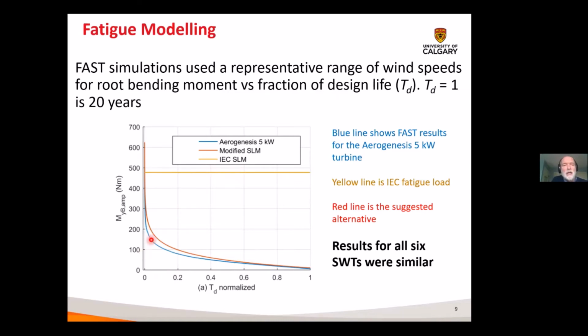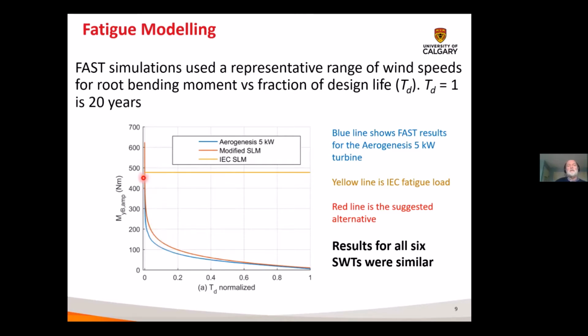From the FAST simulations, in blue for the 5 kilowatt wind turbine, we get the results that you can see here. And we have proposed in the paper a modified equation for the simplified load model to more accurately reflect what actually happens.